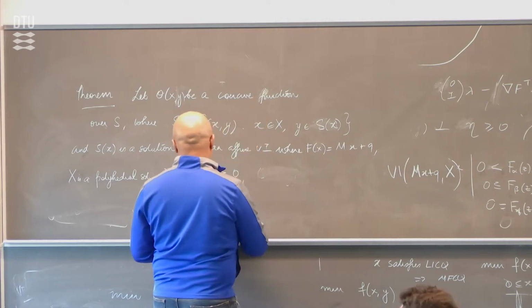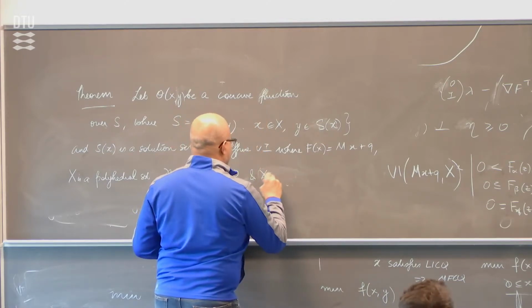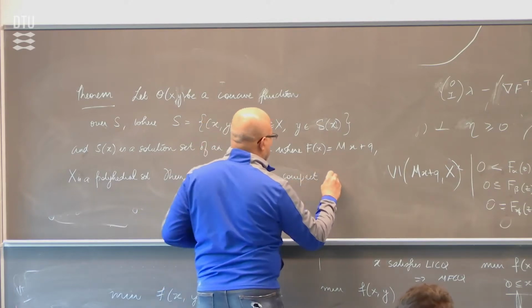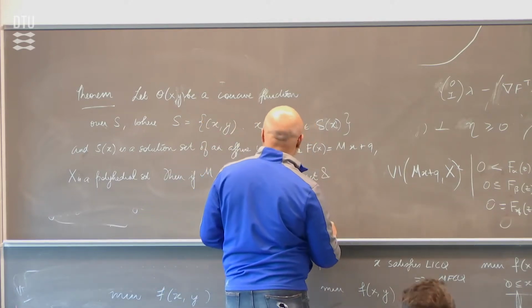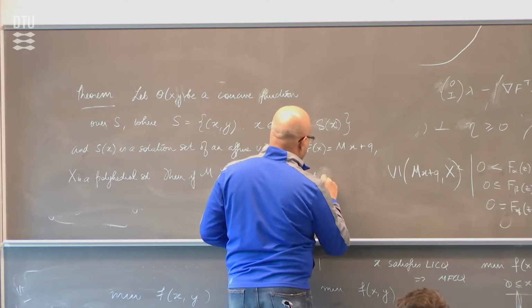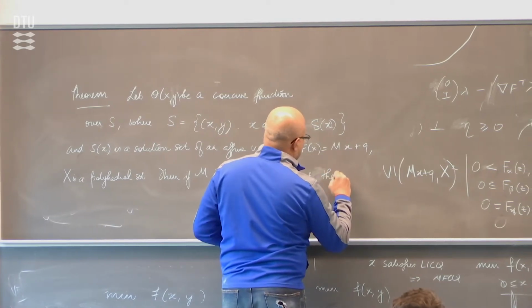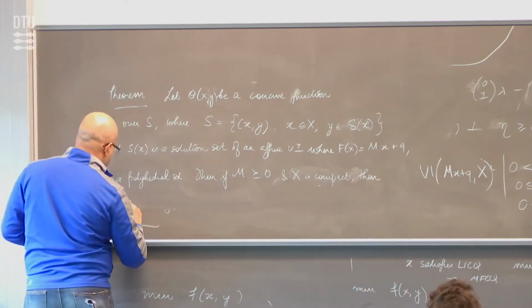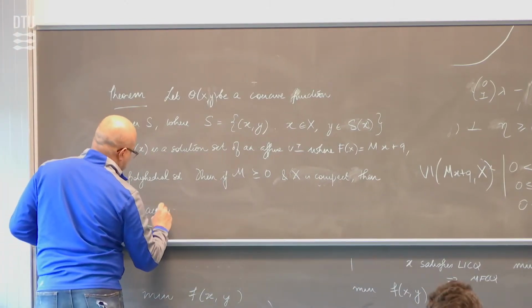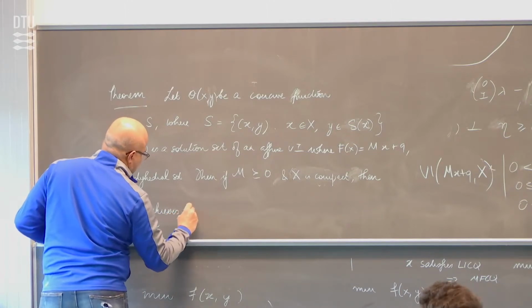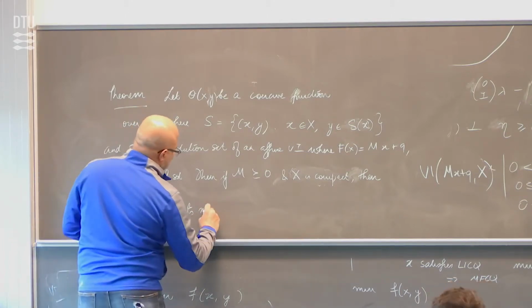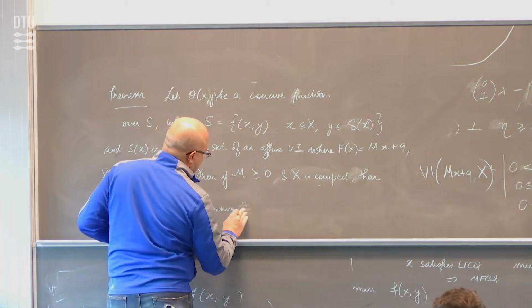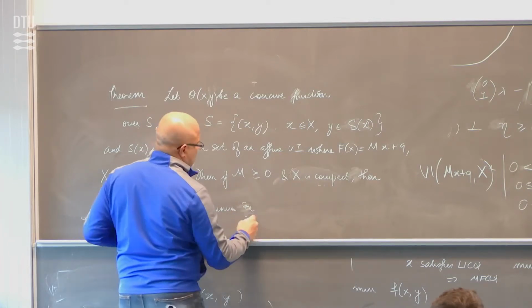If M is positive semi-definite, X is compact, and, I'm trying to remember, then theta of x, y achieves its minimum on this set.